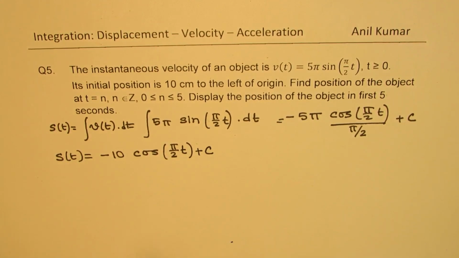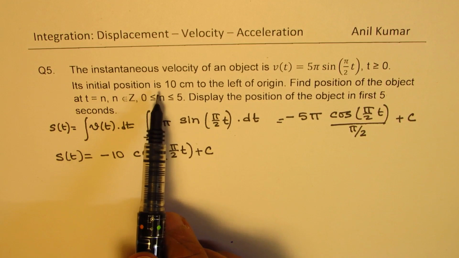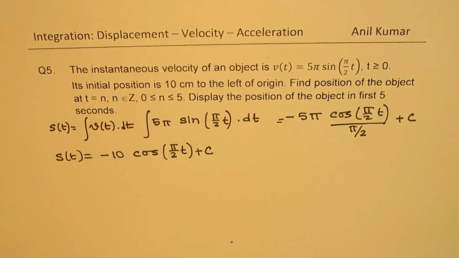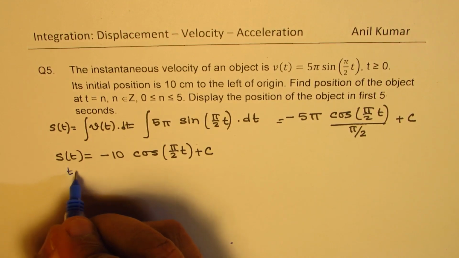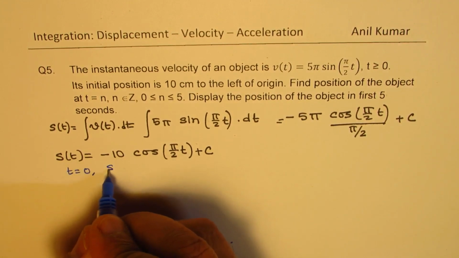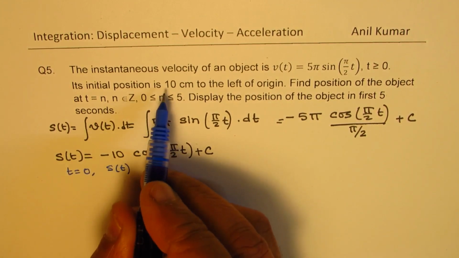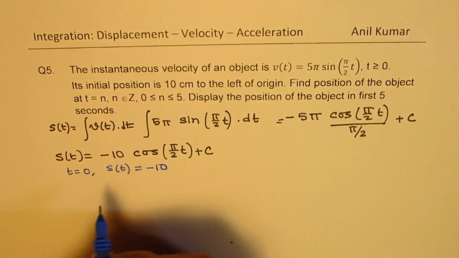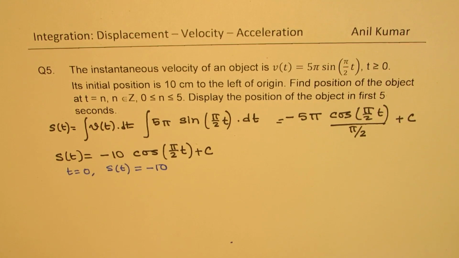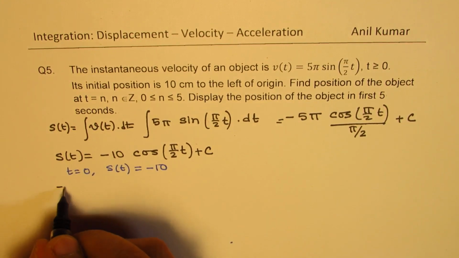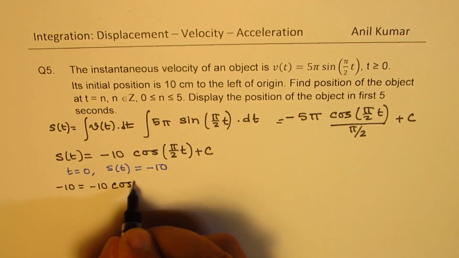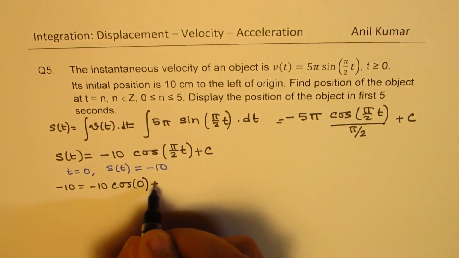Now it says its initial position is 10 centimeters to the left of origin. So that really means at t equals 0, s of t is minus 10, since 10 centimeters to the left is minus 10. So we'll substitute this value. We get minus 10 equals minus 10 cos of 0 plus c.